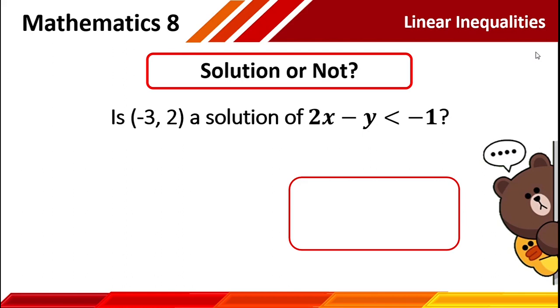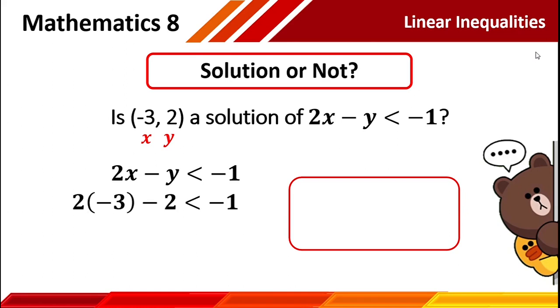Next, is (-3, 2) a solution of 2x - y is less than -1? Again, we can represent our ordered pair by x and y coordinates. Given that our inequality is 2x - y is less than -1, we can substitute these given values. So we have 2 times -3 minus 2 is less than -1.